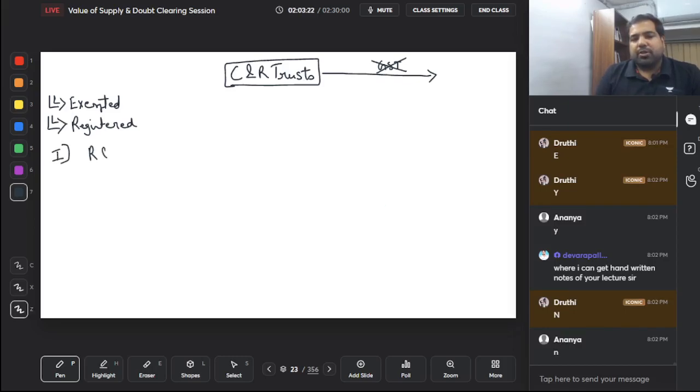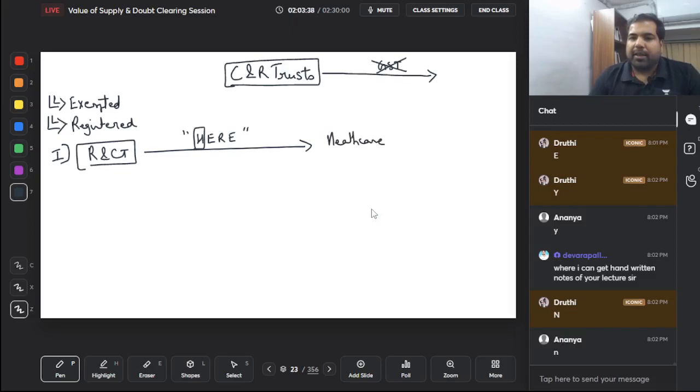All right. First, guys, if a religious and charitable trust provides services in the nature of here or here. What is this? First, H, healthcare. If they provide services in the nature of healthcare, like they give cataract operations, or they serve terminally ill patients, or if they serve AIDS patients, etc., healthcare.